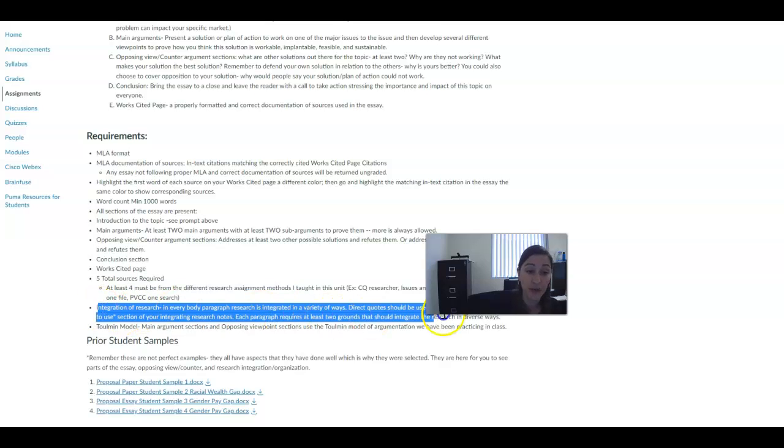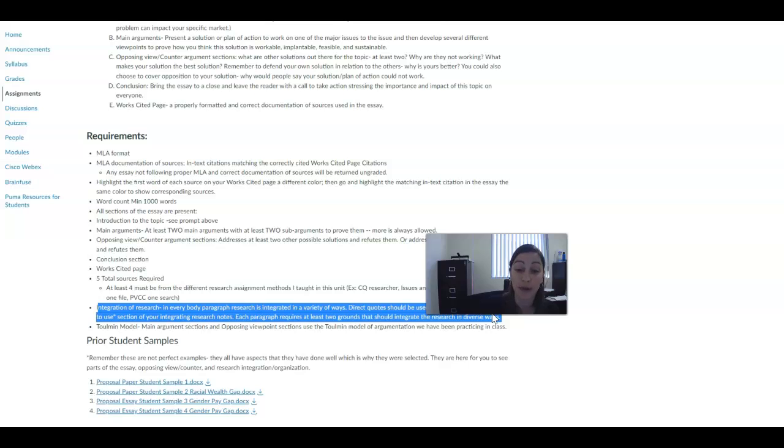Your next one is then integration of research. We do practices throughout this unit that go over direct quote, paraphrase, and summary, and when to use those different forms of integrating research. It should be primarily integrated through paraphrasing and summarizing. Direct quote should be used sparingly, and we don't want our Turnitin.com score to be above a 40%.